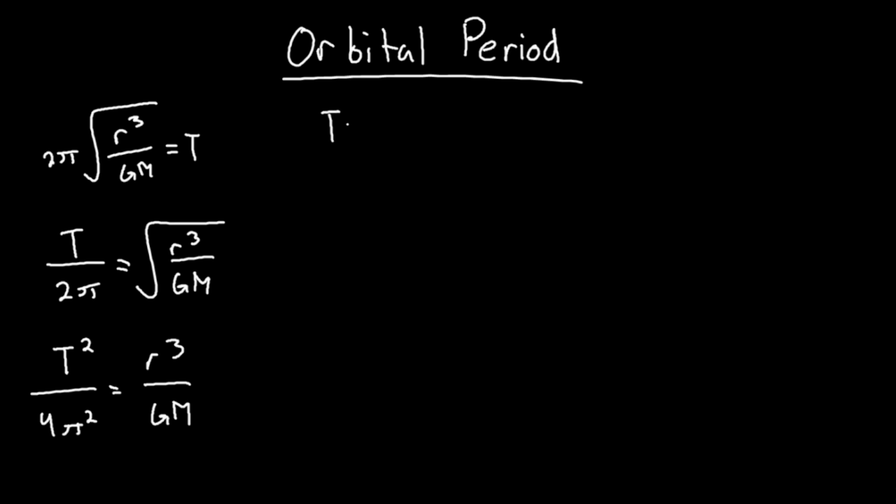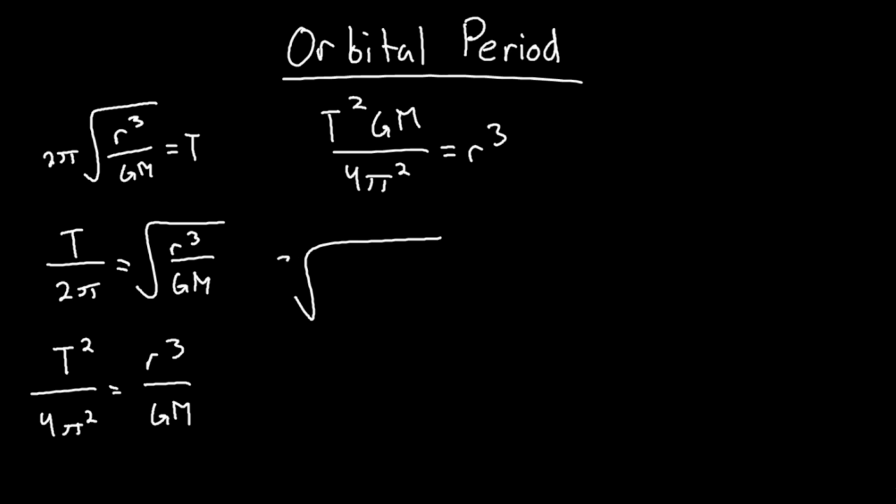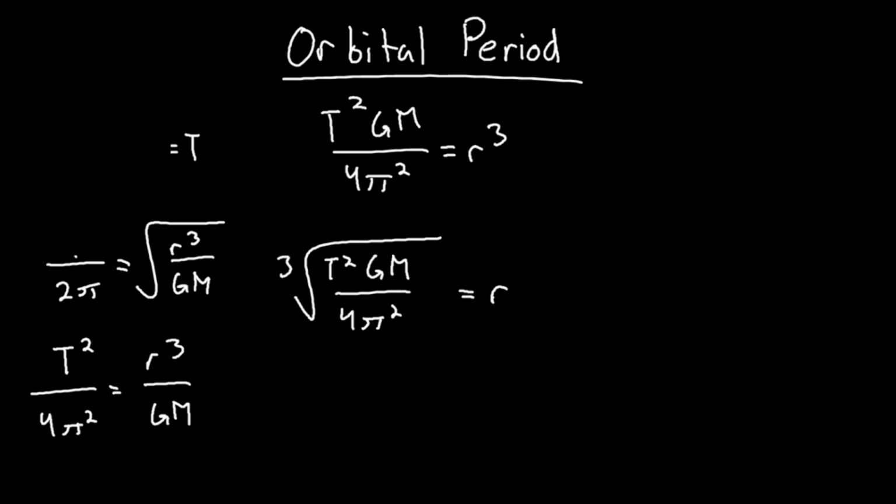Multiply GM on both sides, so you get T squared times GM over 4 pi squared is equal to r cubed, and you can cube root both sides. So the cube root of T squared GM over 4 pi squared is equal to r, or your orbital radius. So just a little bit of algebra could help you solve for any of the variables inside of the orbital period formula.